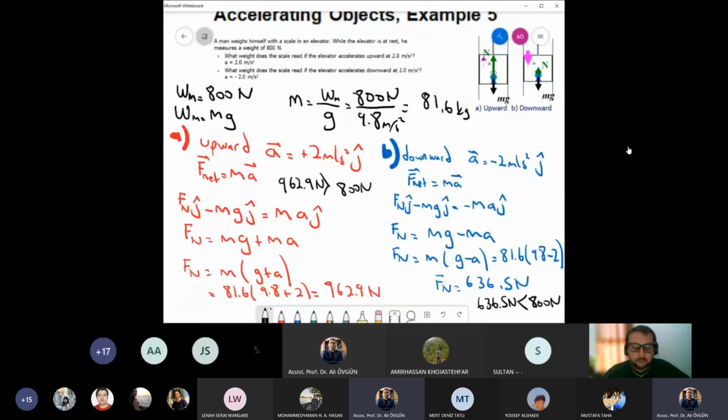Okay, when you are standing on the ground, your weight is equal to mg. But if you are in an accelerating frame, like an elevator, your weight is changing. Your normal is not equal to mg, because there is an ma.